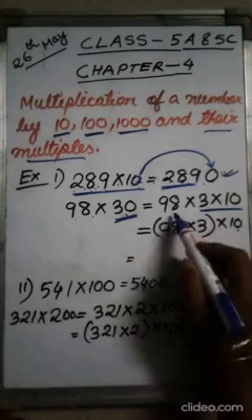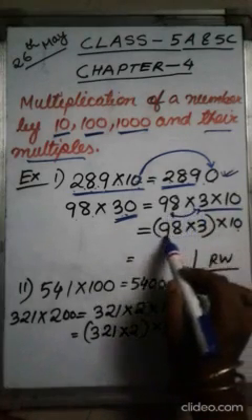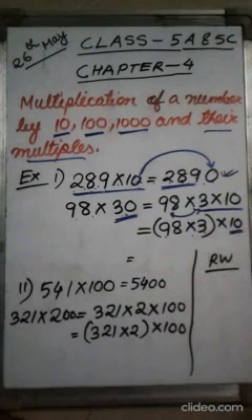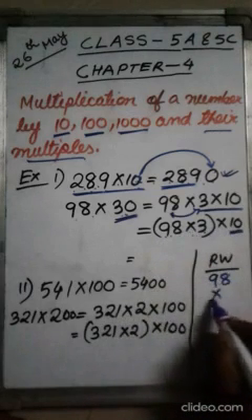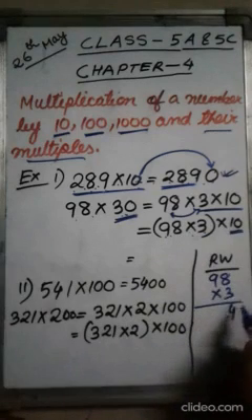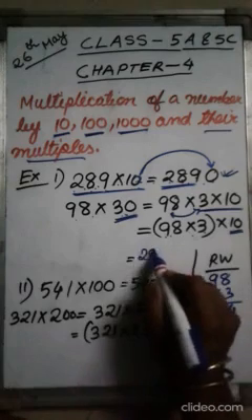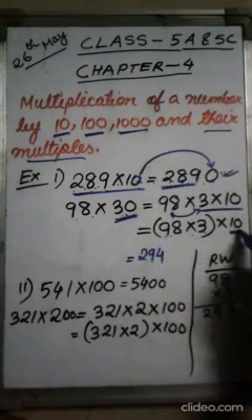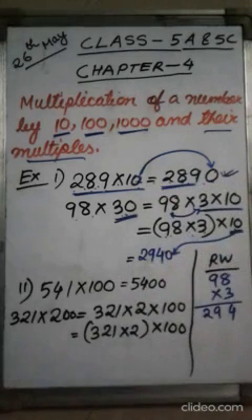So I have grouped these two numbers, 98 into 3, and kept this 10 in another group. 98 into 3, if you multiply, it will be 294. As we have learned, 1 zero is there, so this 0 will come after this number, so the product will be 2940.